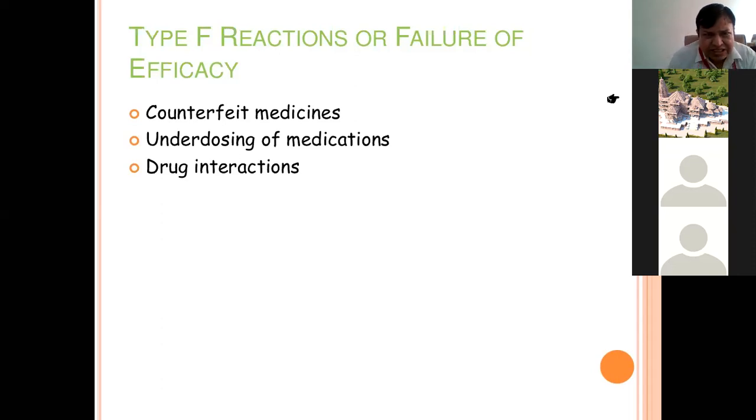They are assuring the content of that particular drug, but it is not present in that dosage form. Underdosing medication means here drug is claiming 500 mg tablet, but actually only 50 or 100 mg medicament is present in that particular drug. Here also you will not get proper drug response.